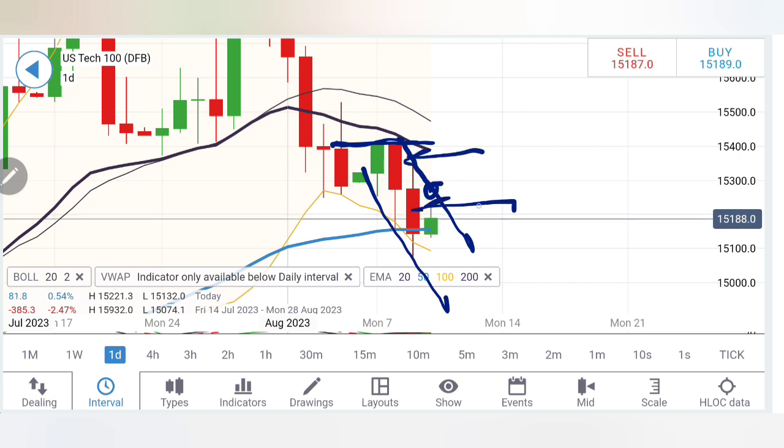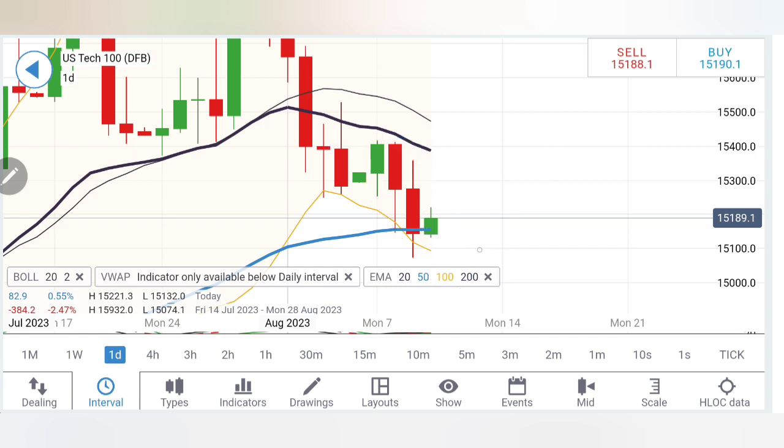However, first red candle, second red candle, it could bring a third red candle as well. Hence, you have to be careful and cautious here. A drop below 15,140 is where you can initiate a sell entry, below which you can definitely expect a further drop to 15,100, 15,040 and then 15,000 levels and below. On the upside, I will wait for it to break past the 15,350 and 15,400 zone in order to confirm the rise here.